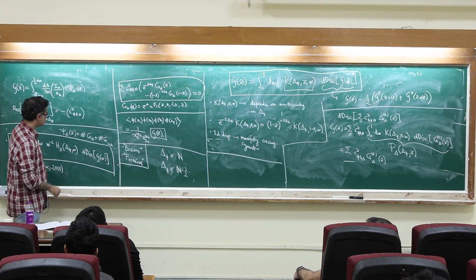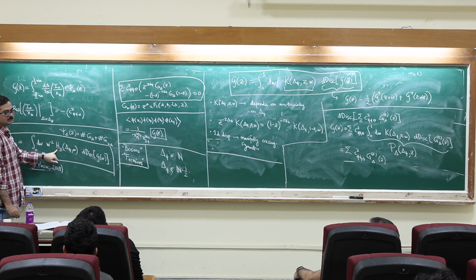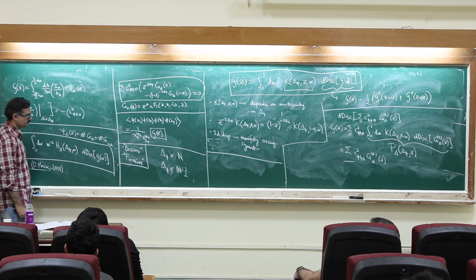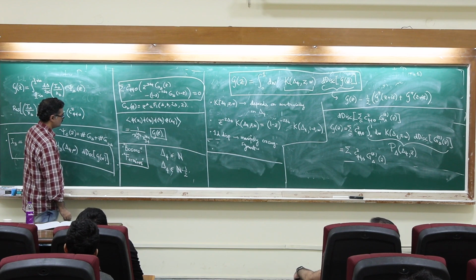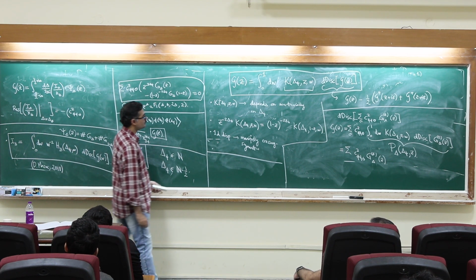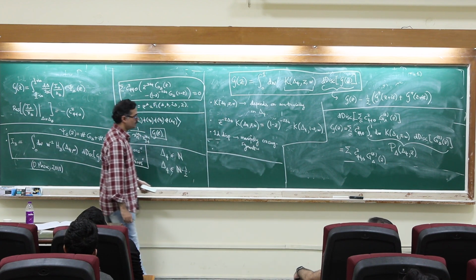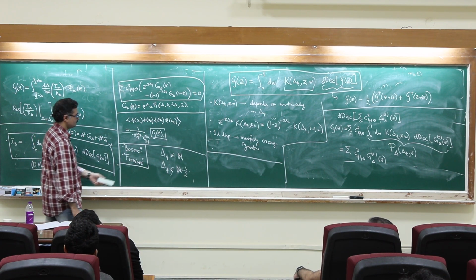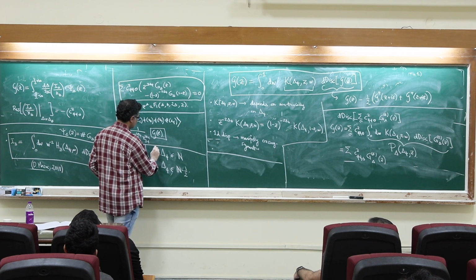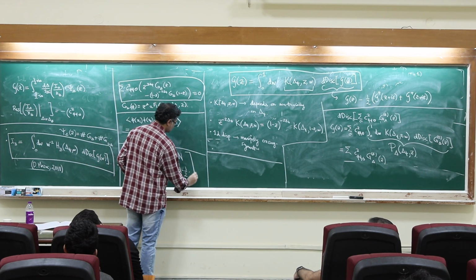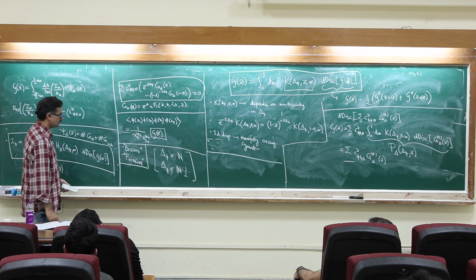In those cases, the expressions for these kernels simplify quite a lot. The dispersion relation, or basically the kernel, that we have been able to derive is only in these cases. We don't know as of yet what the kernel is for more general values of delta phi.